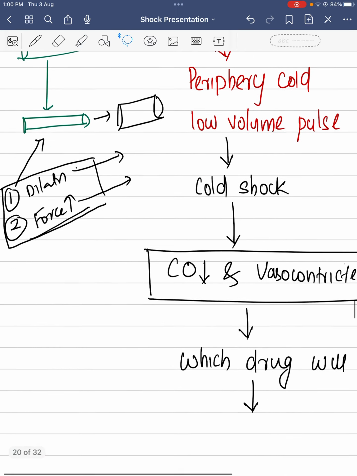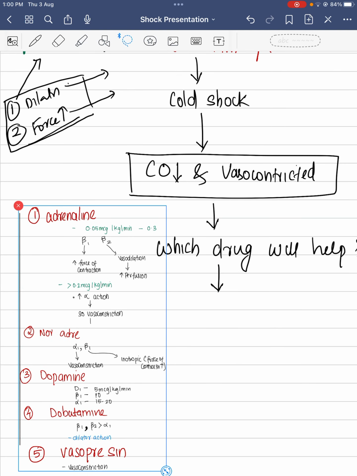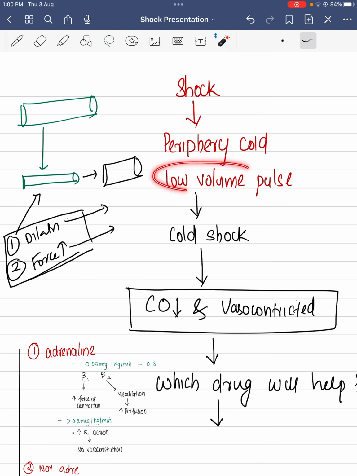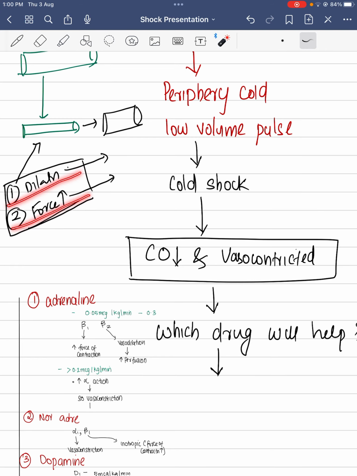Now we are dealing with a cold shock. The patient came to you, you found that the periphery is cold and the baby has low pulse volume, so definitely it is a cold shock and our target is to dilate the vessel and increase the force of contraction.